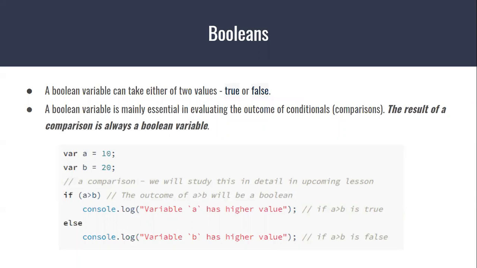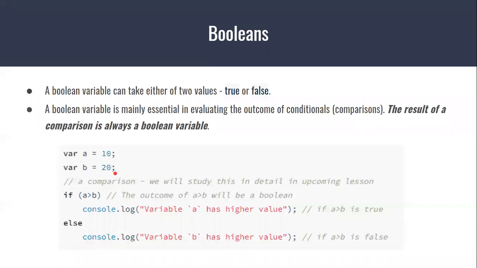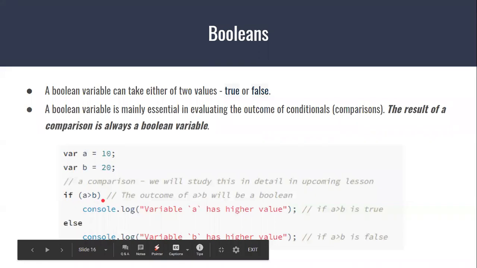So in this comparison here, we have a variable a that is 10, and we have a variable b that is 20. We want to make a comparison against it, so we're going to say if a is greater than b, and the outcome of that should be true, then logically we are going to go to this block, which says console log variable a is a higher value.